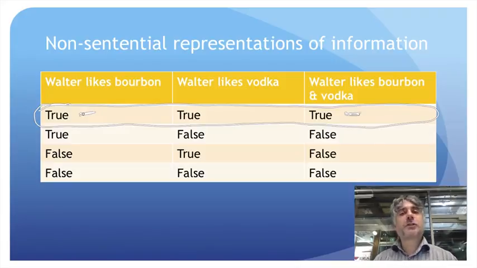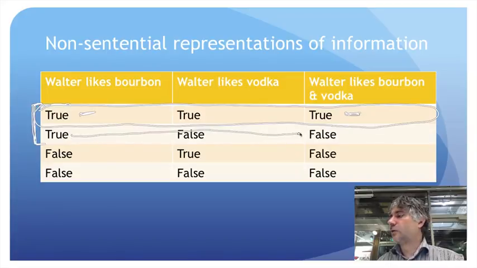But we can also see that the deductive argument from the premise Walter likes bourbon to the conclusion Walter likes bourbon and vodka is invalid. There is a possible way for the premise Walter likes bourbon to be true while the conclusion Walter likes bourbon and vodka is false. So, by looking at the truth table, you can see very plainly why some deductive arguments that involve the proposition Walter likes bourbon and vodka are valid, and other deductive arguments involving that same proposition are invalid.